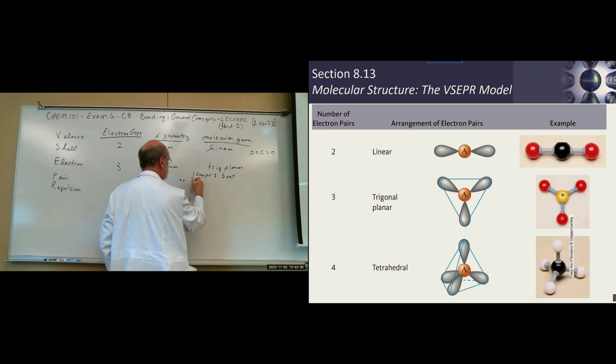And of course, if all the positions are occupied by atoms, this is also tetrahedral. If you have one lone pair, right, then with a tetrahedral, one lone pair means that now you have a trigonal pyramid.